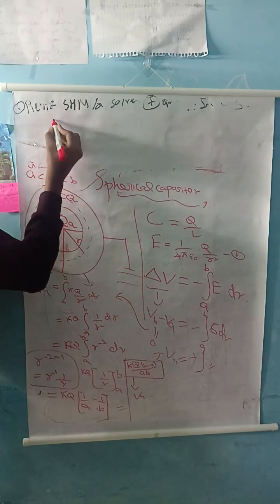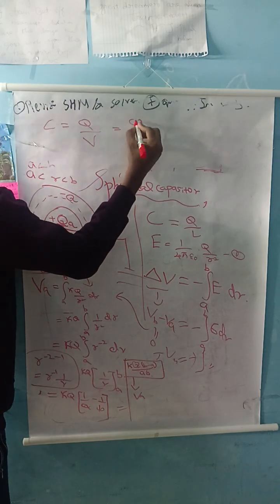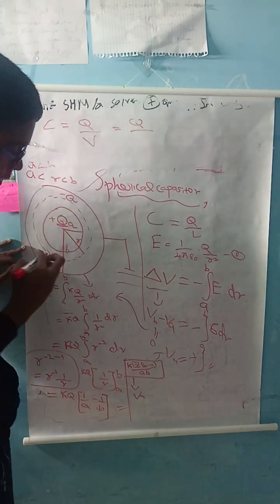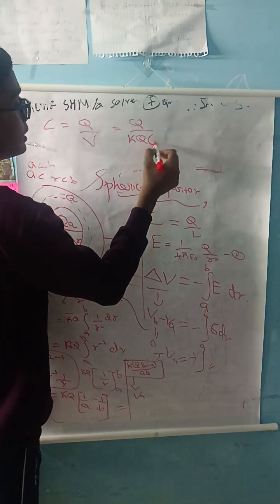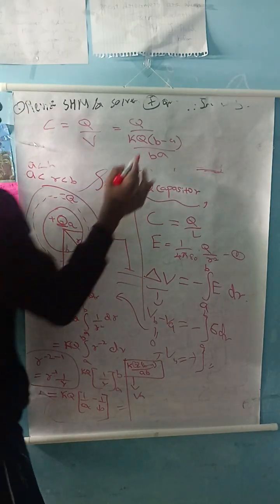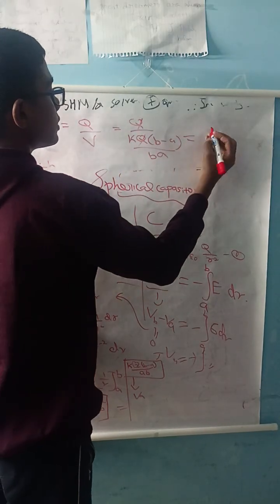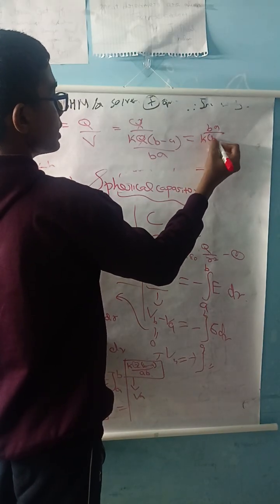You know that capacitance is equal to Q by V. What is V? V is kQ times (b minus a) by ab. Q will cancel. We get ab by k times (b minus a).